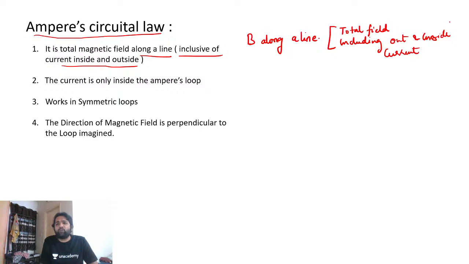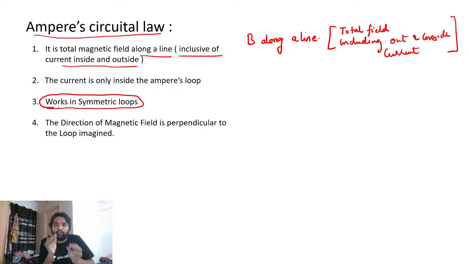So in a loop, if you take a symmetric loop, the current outside also will give you a field there. It all depends on symmetry. It all works in symmetric loops. Wherever you are able to find some sort of symmetry, you can just go for the loop. You can draw a loop along the line of symmetry, and you'll get the answer. Symmetric loops means you will have to use the line of symmetry.